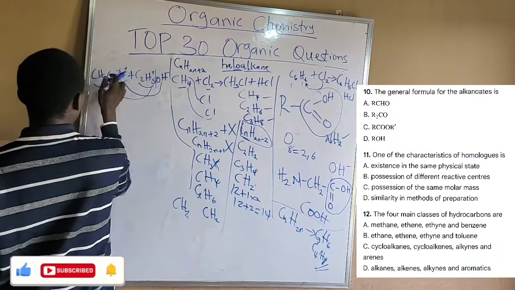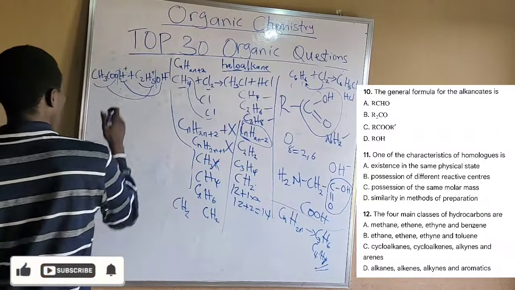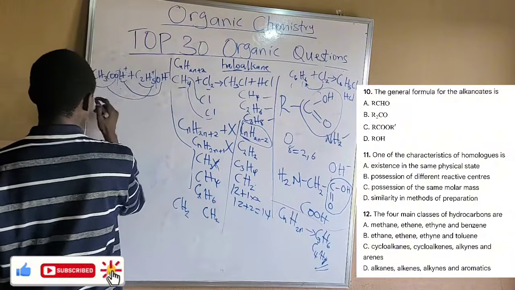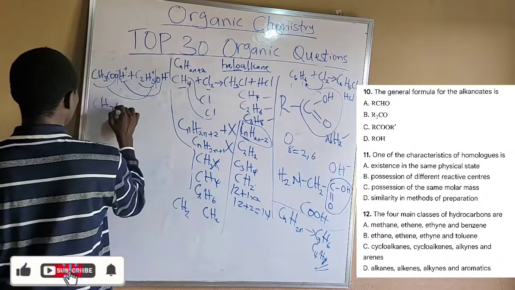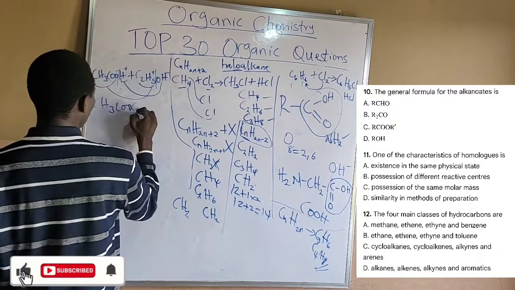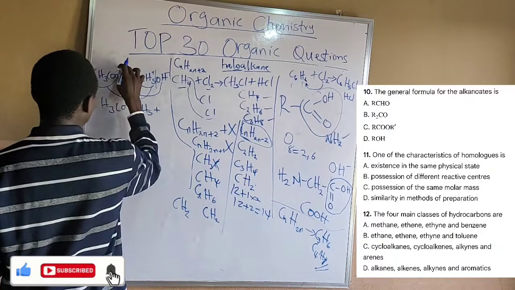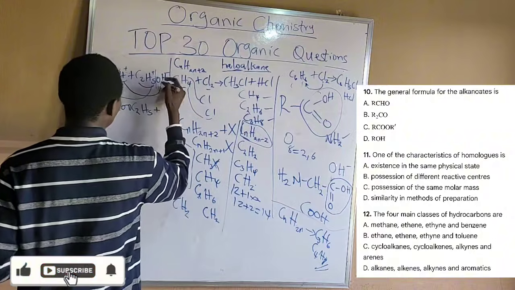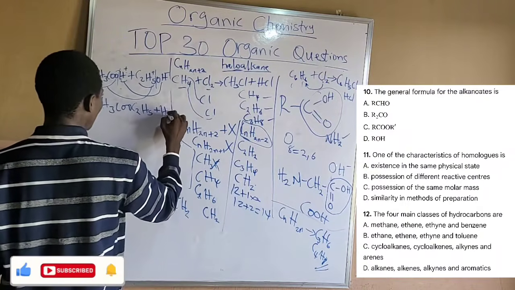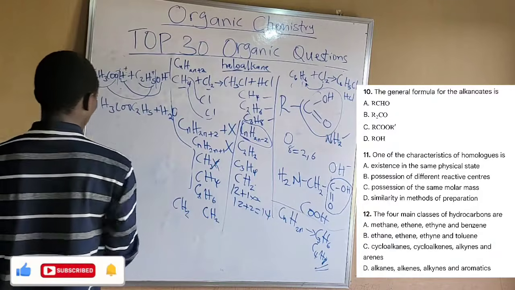We said like charges repel, unlike charges attract. So here, when this one merges with this, we have CH3COO. Now this one we join here, we have C2H5. Then this hydrogen will join with this OH, and the hydrogen becomes two, that is H2O. All right, this is what we have.